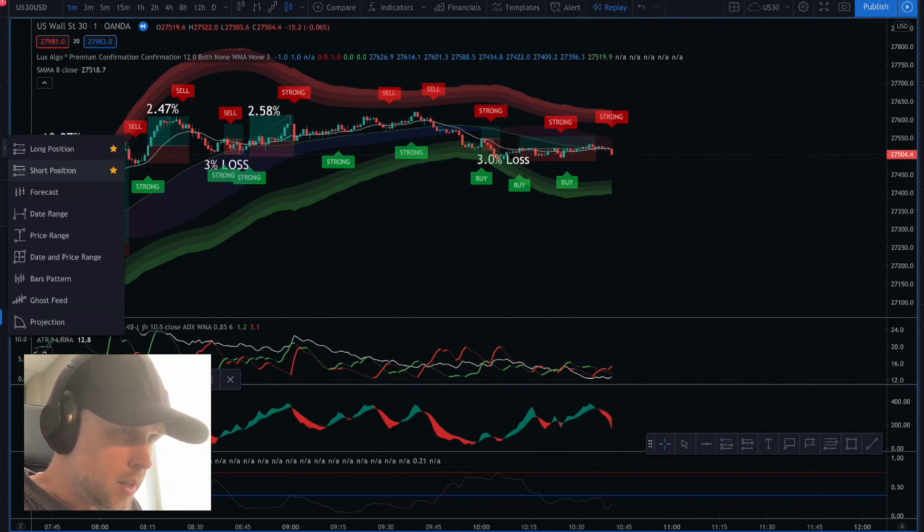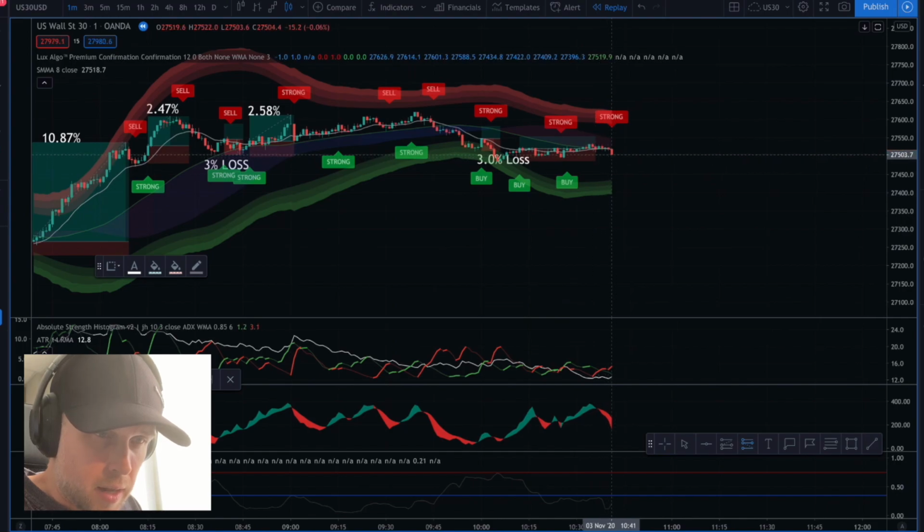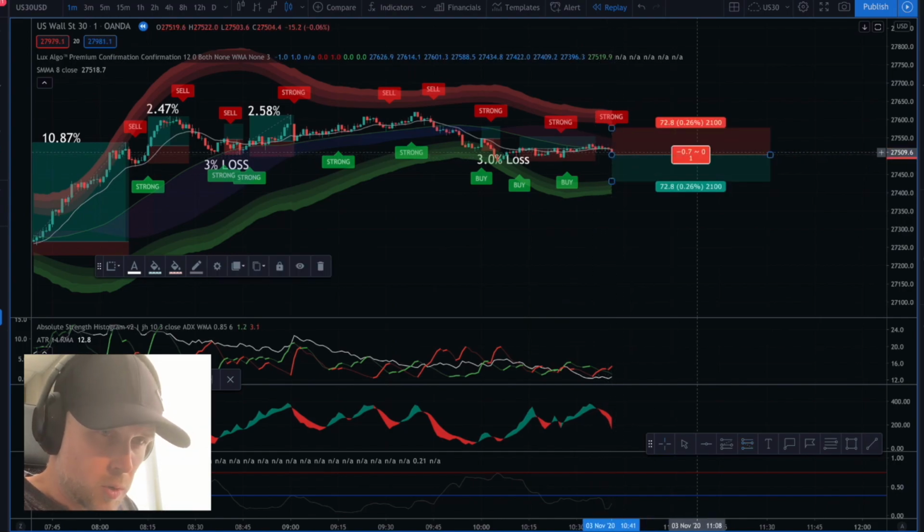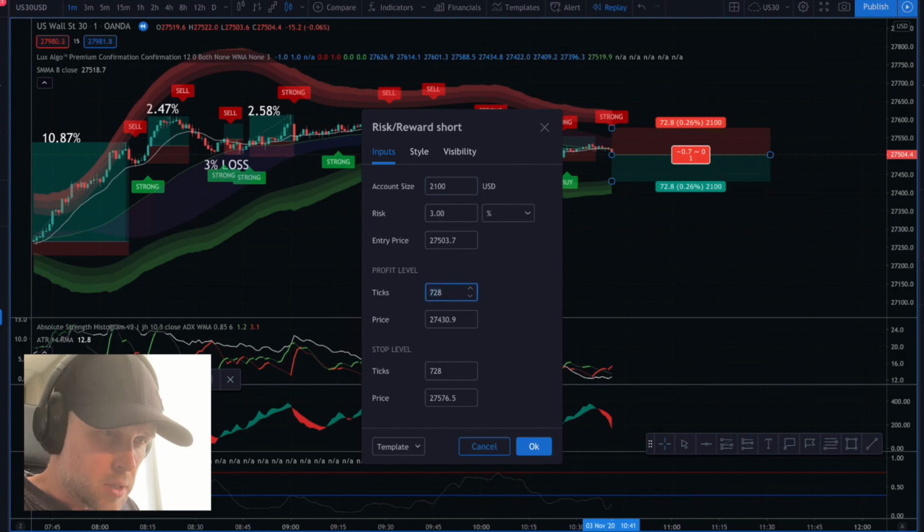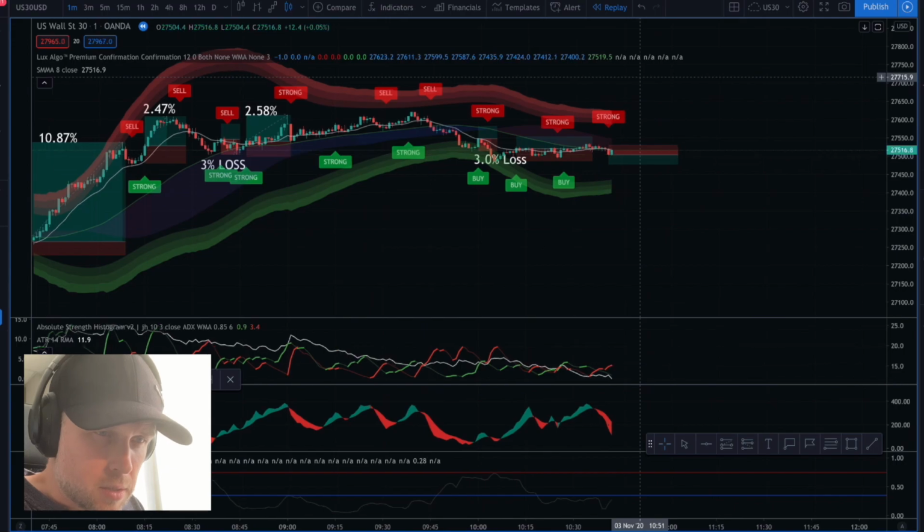So I'm going to go ahead and enter a short position on the end of that candle. We've got 12.8, so that gives us 24, basically 25, but I have to add my 2 here. So 26.5, and we'll see where this takes us.